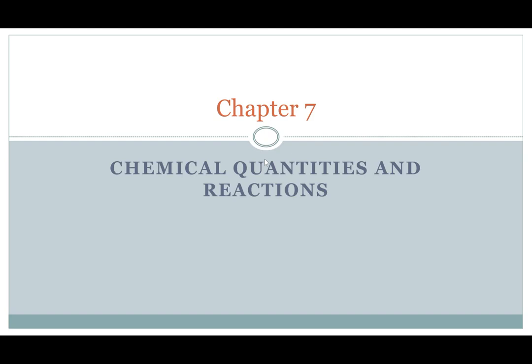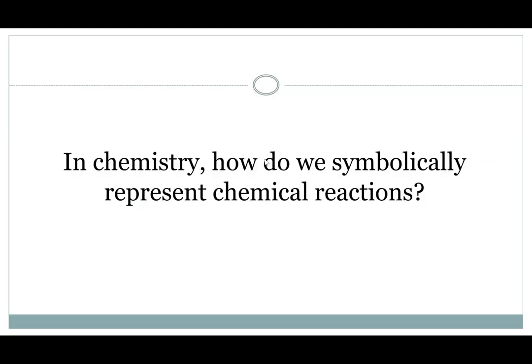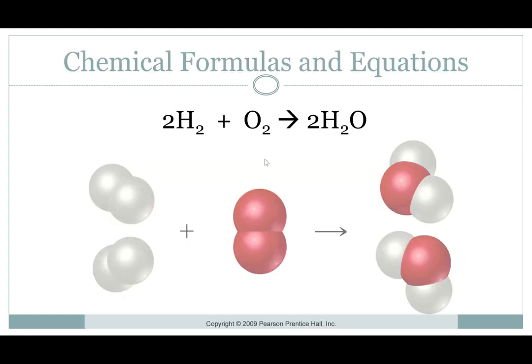This particular lecture is just going to focus on chemical reactions, so symbolically representing them and then balancing them. So in chemistry, we symbolically represent everything. So what we're going to look at today is how do we symbolically represent chemical reactions? Here are two ways that we can symbolically represent a chemical reaction.